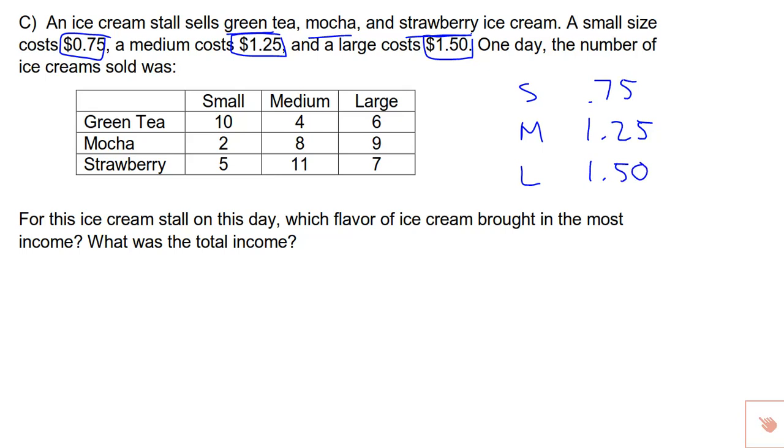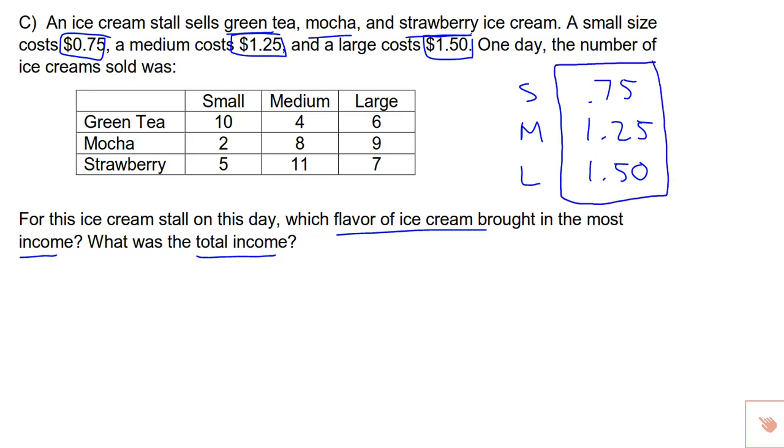On one day, the number of ice creams sold was the information in this chart below. For instance, the number of small green teas were 10, and the number of medium green teas were 4, and so on. What we're wondering here is which flavor of ice cream brought in the most income and what was the total income. We can use a matrix to do this.